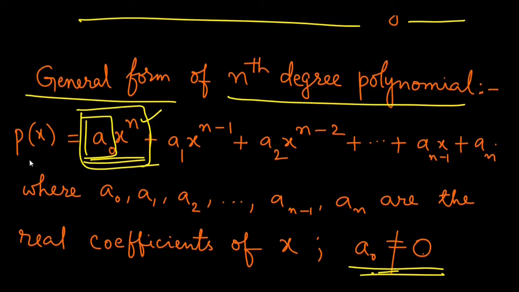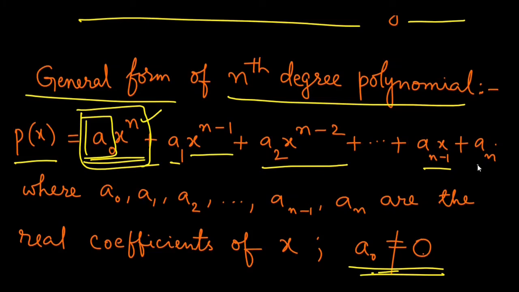So the general form of nth degree polynomial is p of x is equal to a0 x power n plus a1 x power n minus 1 plus a2 x power n minus 2 plus etcetera, plus a n minus 1 x plus a n.